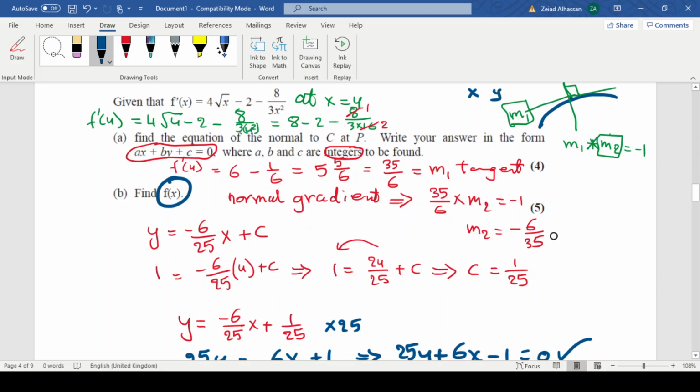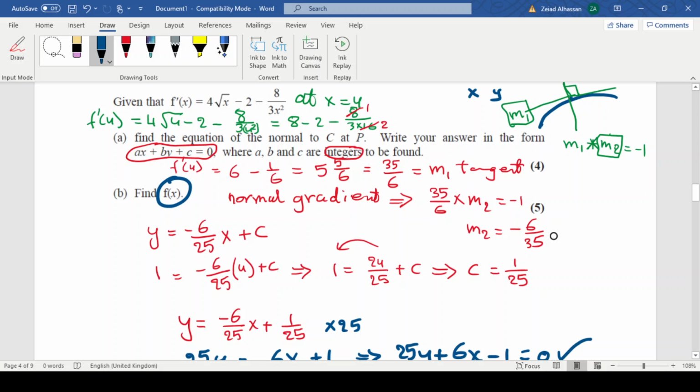And simplifying, we need space. This becomes plus 8 over 3x. Now the point is (4, 1), substitute: 1 equals 8 over 3 times 4 to the power 3 over 2, minus 2 times 4, plus 8 over 3 times 4, plus c.